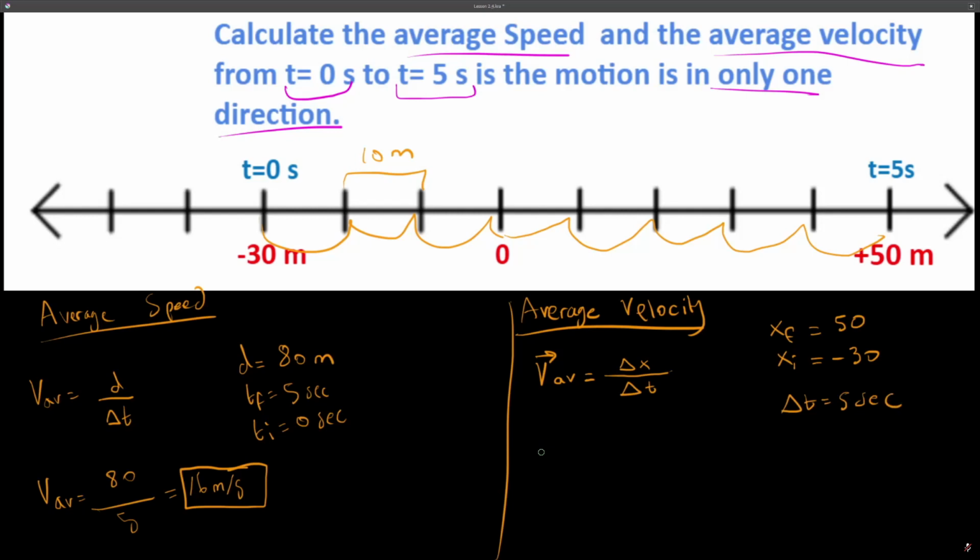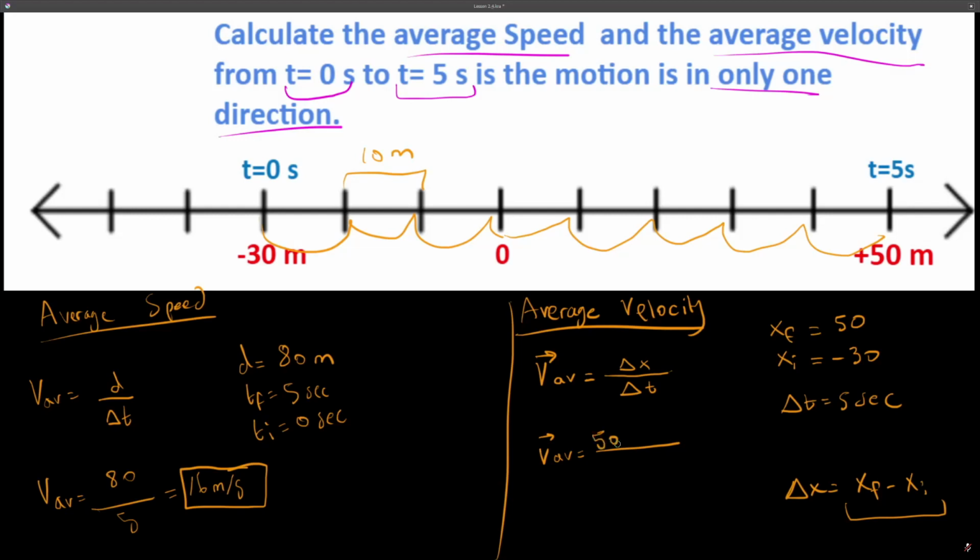So now we just substitute. V average is equal to 50, final minus initial, so 50 minus negative 30. Minus times minus is plus. Remember the formula for delta x; let me write it down here. Delta x is equal to the change, so x final minus x initial. We can't forget this.